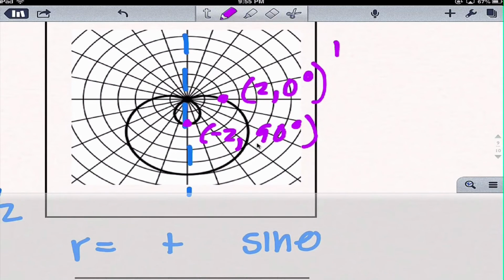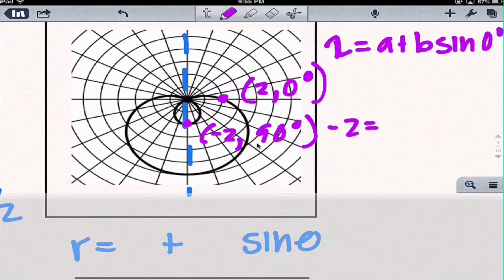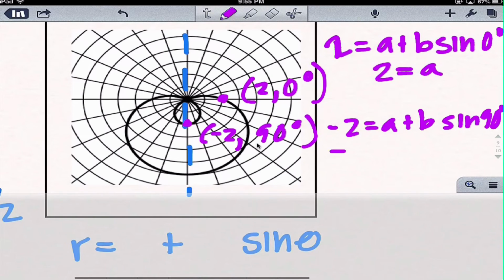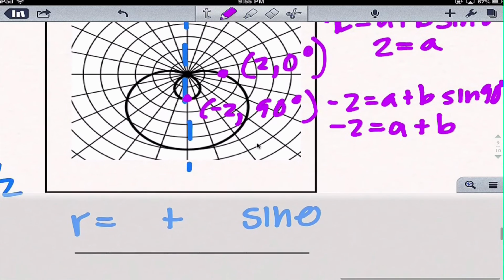So I'm going to say 2 equals a plus b sine of 0. I'm also going to have negative 2 equals a plus b sine of 90. Now I know sine of 0 is 0, so I get 2 is equal to a. Sine of 90 degrees is 1, so I get negative 2 equals a plus b.